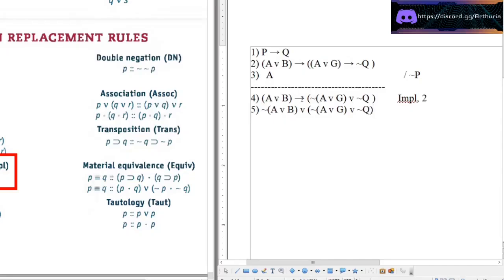So now we've created a big or statement. This is fun. All right, this guy is now a big or statement.